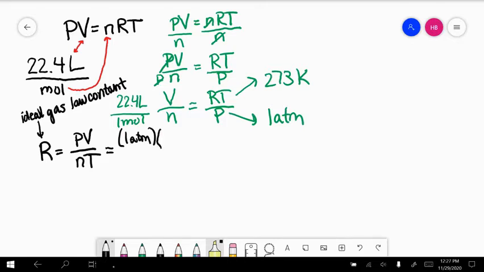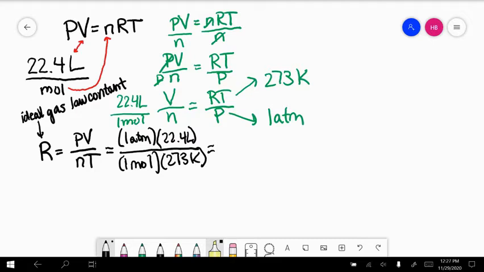Volume is 22.4 liters per 1 mole at 273 K. Right now we're deriving the ideal gas law constant.